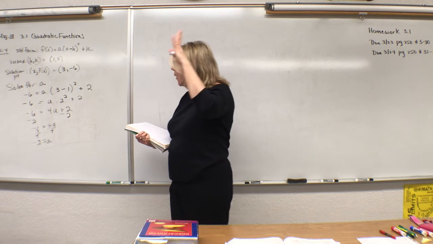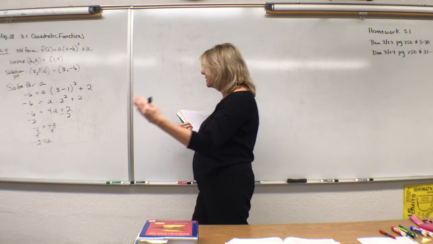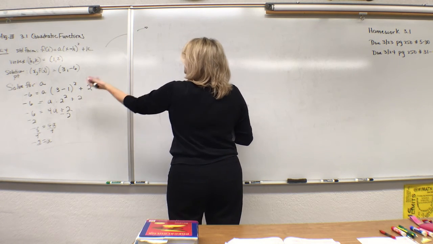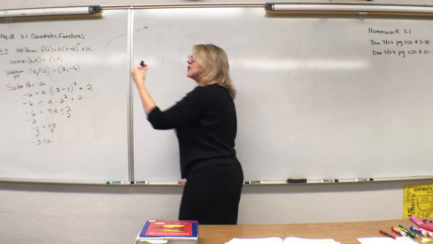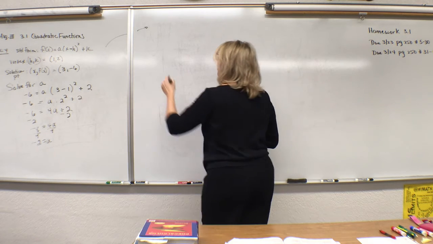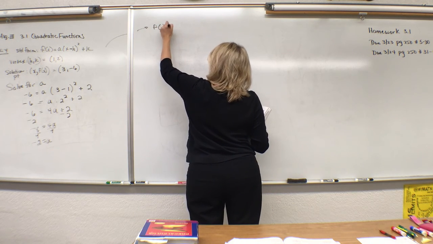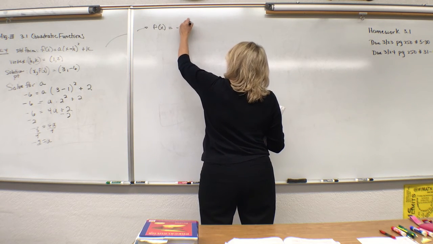Now the problem says, okay, put it all back together, give this to me in the standard form. So for my final answer, I'm going to revert back to x and f of x because it needs to work for any point on this particular curve. But in place of a, I now know I have negative 2.